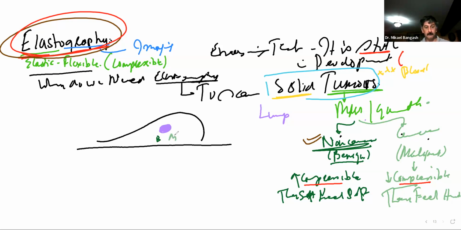Now, back in the old days, if they saw a mass like this and were using an ultrasound probe, what would they do? They would physically press the probe up against the breast.